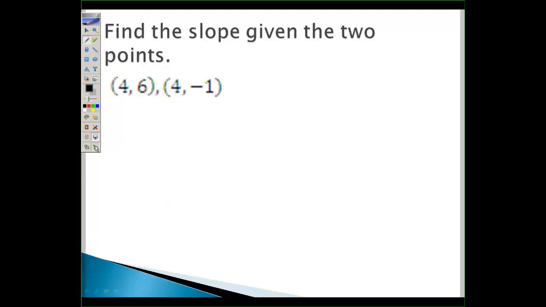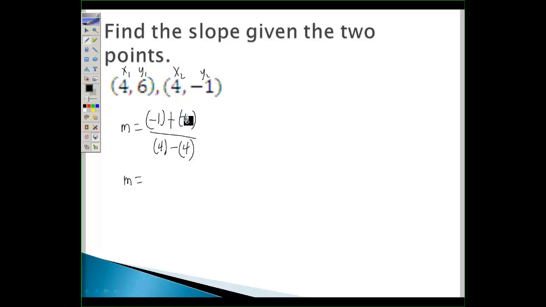Again, let's take a look here. This is an interesting example. Once again, label my variables here. And something special happens on this one. We'll just say the slope equals y2, -1, minus y1, 6, over x2, 4, minus x1, 4. Now look what happens.